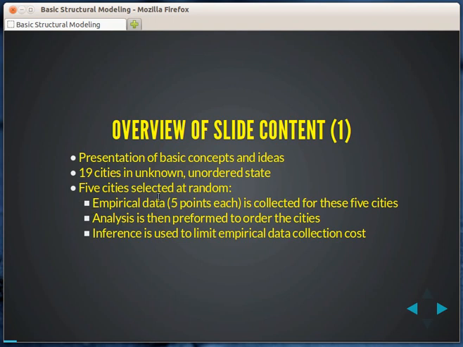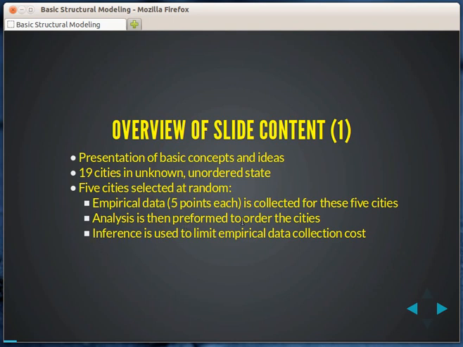We pick 5 cities at random because we really have no information about them, so we just randomly pick some and start collecting the information. Then we collect 5 data points each from those cities. So 5 times 5, we'll have 25 data points that we actually empirically collect.